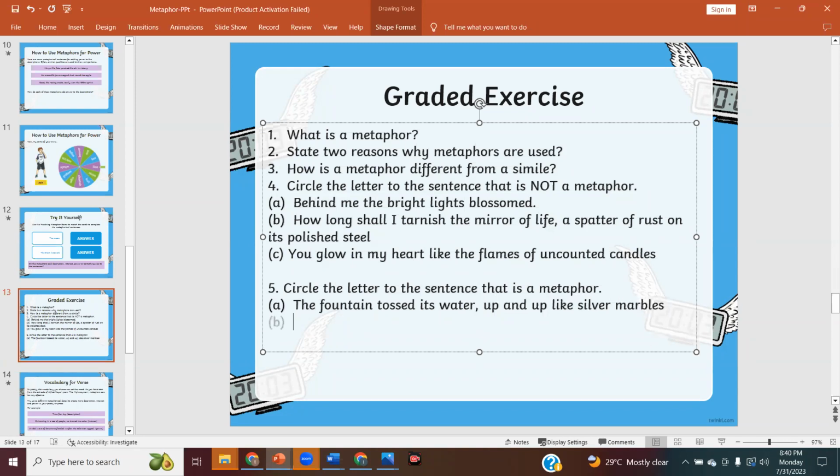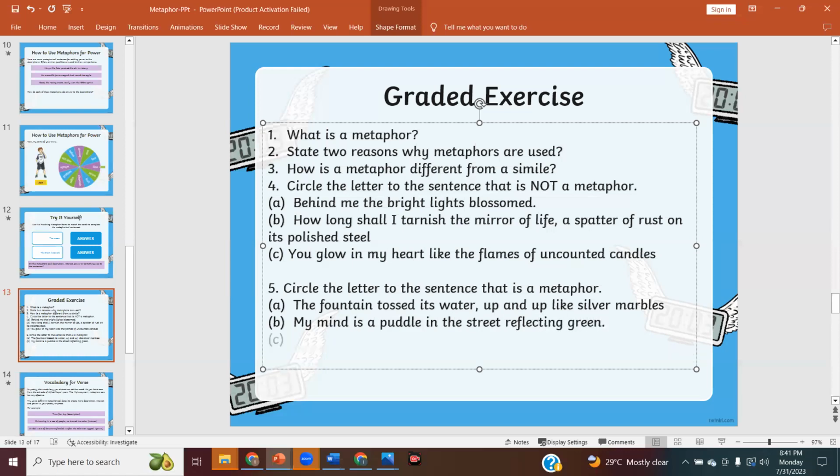B. My mind is a puddle in the street, reflecting green and sea.